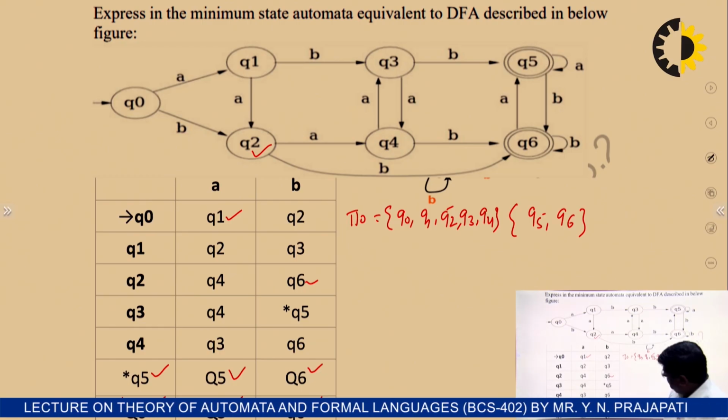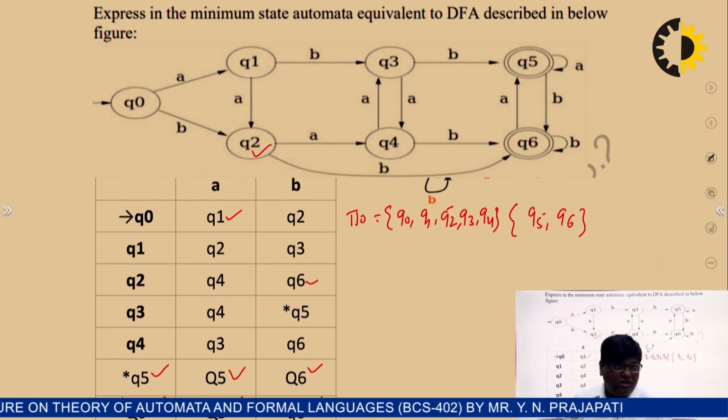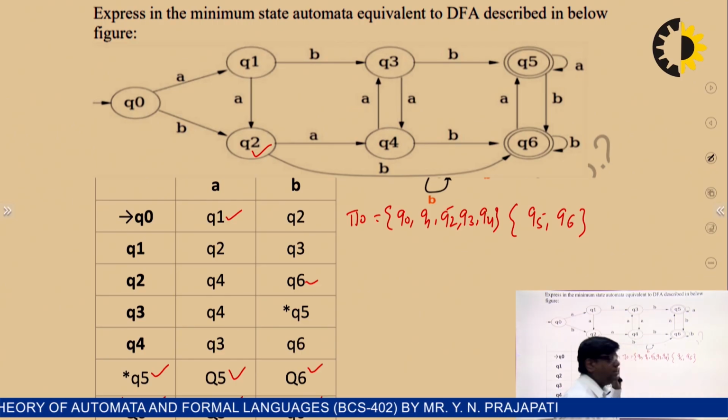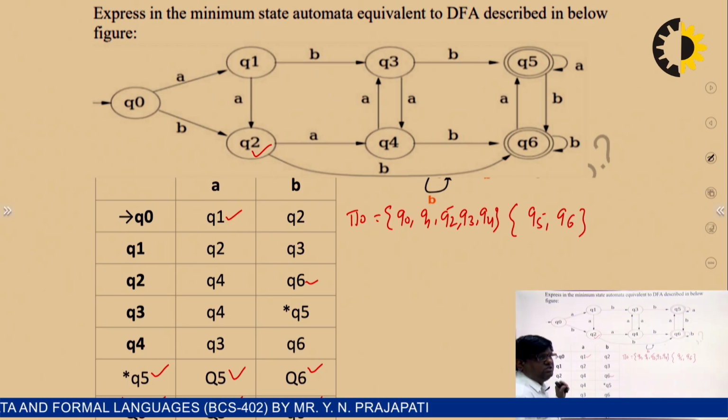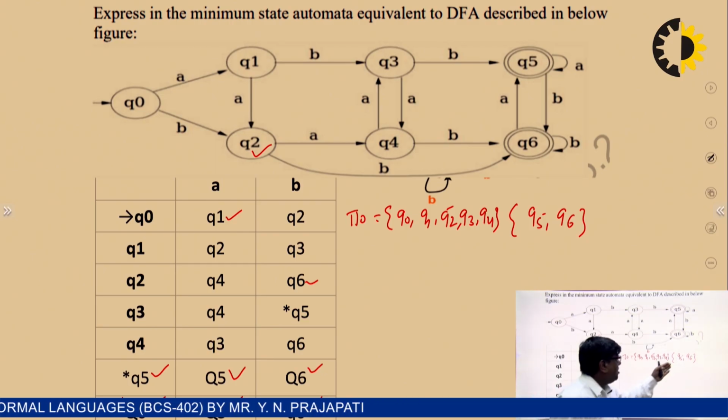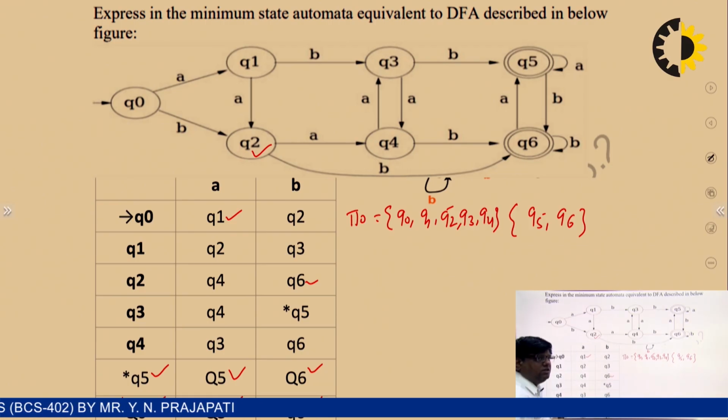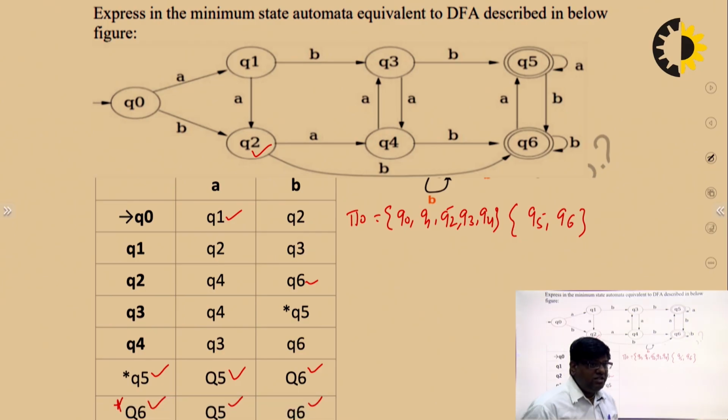And then we check how many states have a similar behavior with respect to the transition function. If n number of states have a similar behavior, then n number of states are minimized into a single state. That is the minimization. Okay, now we check that is the pi 1.